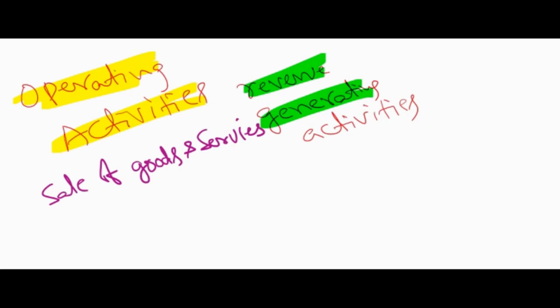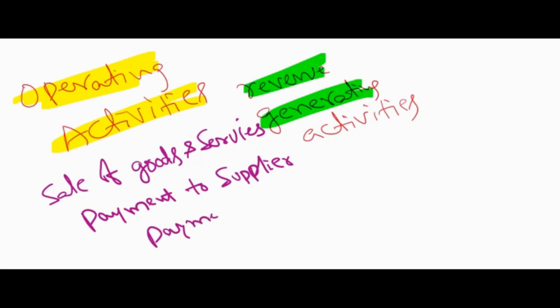Let's say payment to supplier. You need to pay the supplier who has supplied you raw material for the manufacturing of the goods which generated revenue. Or let's say payment to employees. You have to pay salaries to employees, right, who are actually helping you in generating revenue.